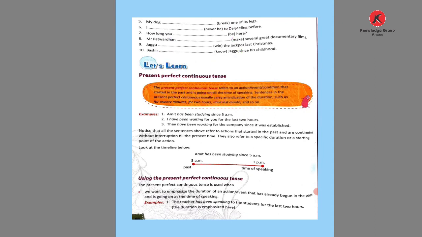Then number 8: Mr. Patwardhan blank several great documentary films. He made these documentary films in the past, and in the future also he may do it. So in number 8 also the present perfect tense is used. So has made, you write it.